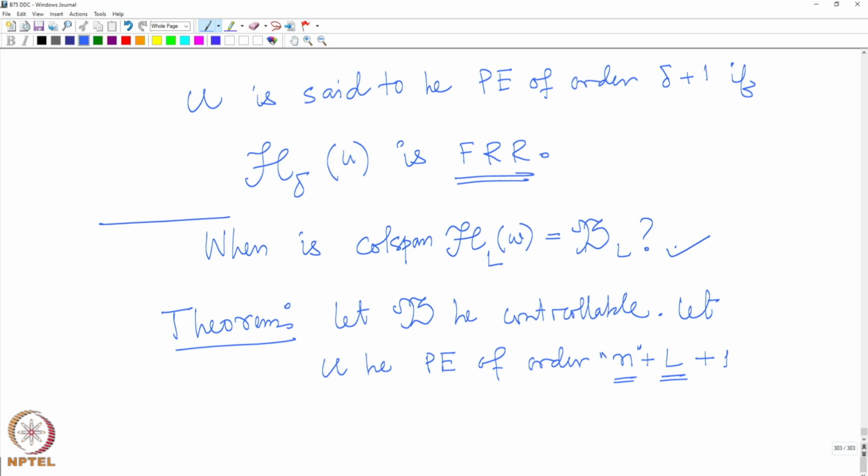So, let B be controllable and let the input u be persistently exciting of order n plus L plus 1, then these two things together should imply that the column span of the Lth order Hankel matrix created from the finite time series data is in fact equal to the span of all possible trajectories restricted to L of the underlying behavior. That's the main theorem. That's called the fundamental lemma of data driven control.